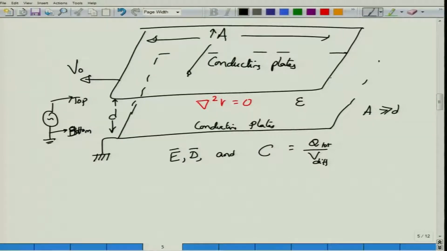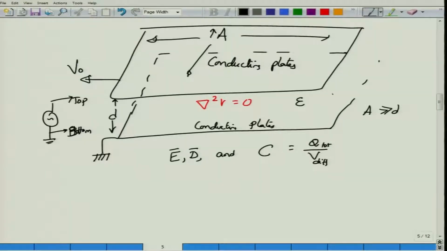When you come to the edges, you will see in other modules that these electric fields won't be normal to these conductors and they will actually bulge a little bit. This bulging of the electric fields is called the fringing effect, and the fields are called fringing fields.